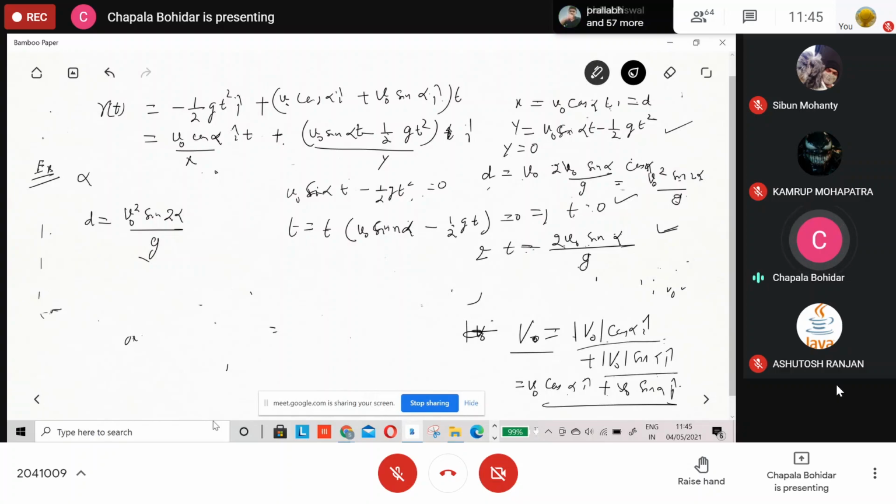The maximum value of the sine function is how much here? It is 1. The next question is: for what value of alpha is the distance maximum? What value of alpha maximizes the range?